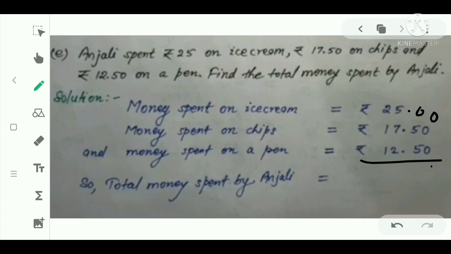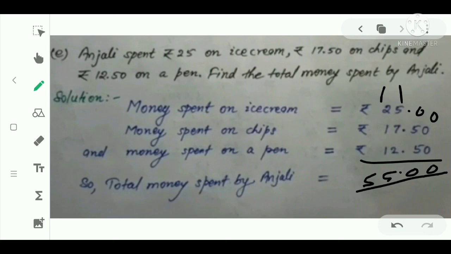Now 0 plus 0 is 0, 5 plus 5, 10, 1 is carry, write down point under point. Now 5 plus 1, 6, 6 plus 2, 8, 8 plus 7, 15, 5 we write, 1 is carry, 2 plus 1, 3, 3 plus 1, 4, plus 1, 5. So 55 rupees is the answer. So it means total money spent by Anjali is 55 rupees.